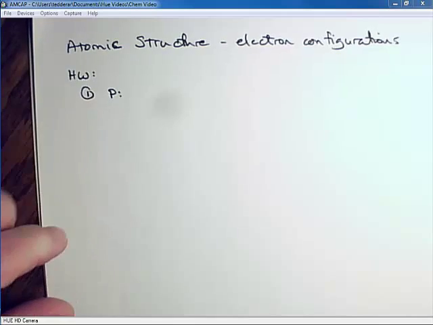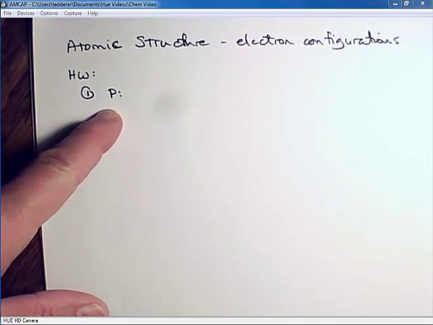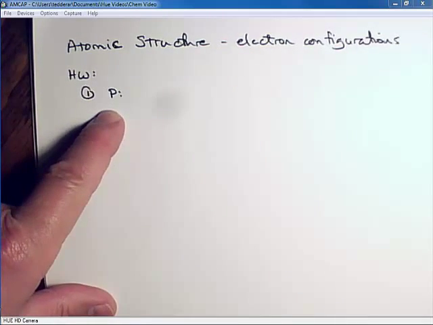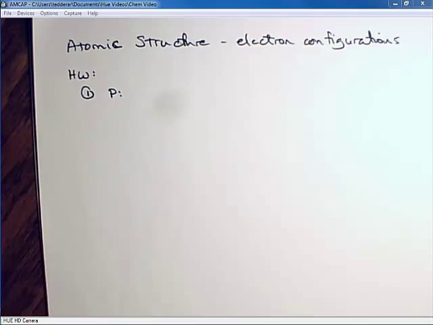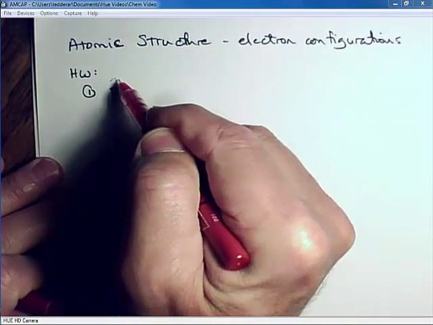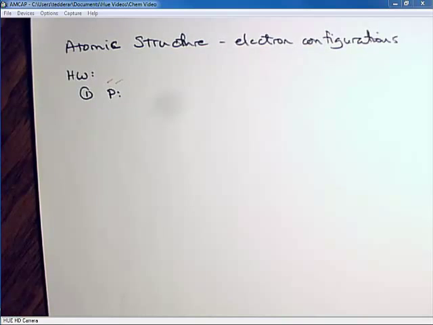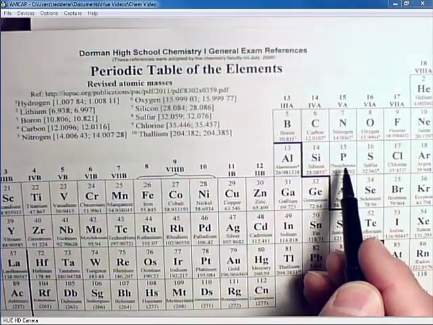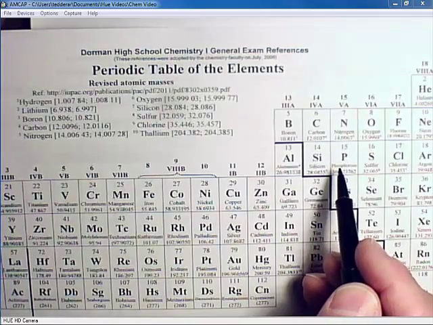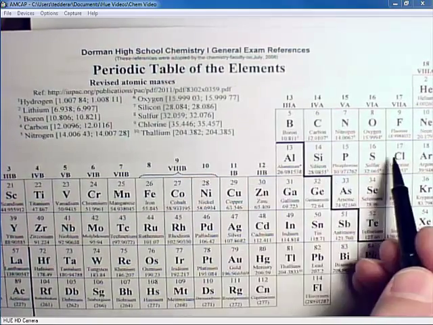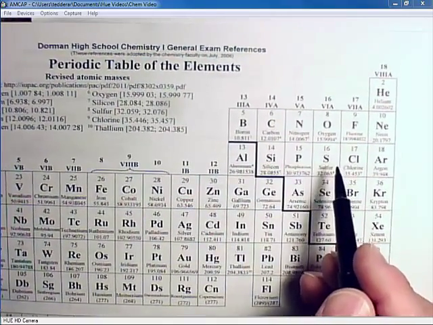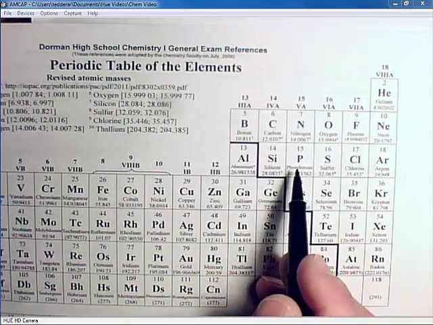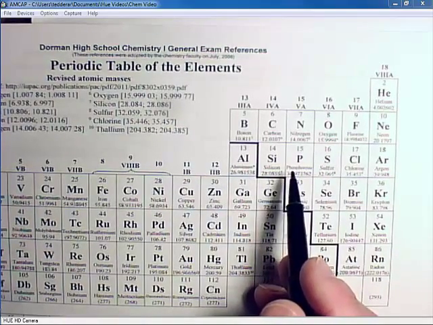Alright guys, so when you're doing an orbital notation, you have to have the element symbol and a colon. So that's already 2 points right there. Element symbol and colon. Alright, so phosphorus is located here, and it is on the third row of the periodic table, so the electrons in its highest level are in the third primary energy level.